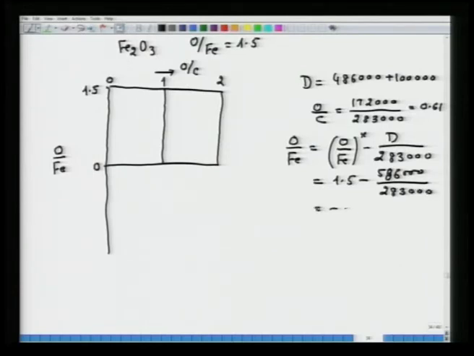So, this will be minus 0.57. Let us take this point somewhere here as 0.61, and this side is plus and this side of course is minus. Here somewhere let us take 0.57. So, this becomes a fixed point for this particular blast furnace, which is charged with pure Fe2O3, and liquid iron is produced, with some heat value.